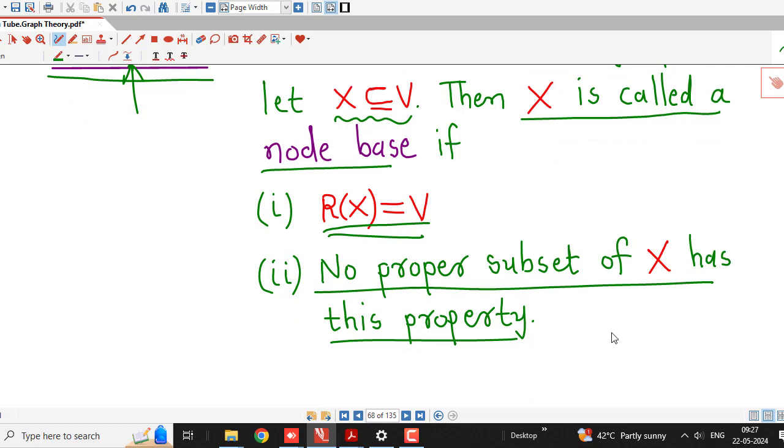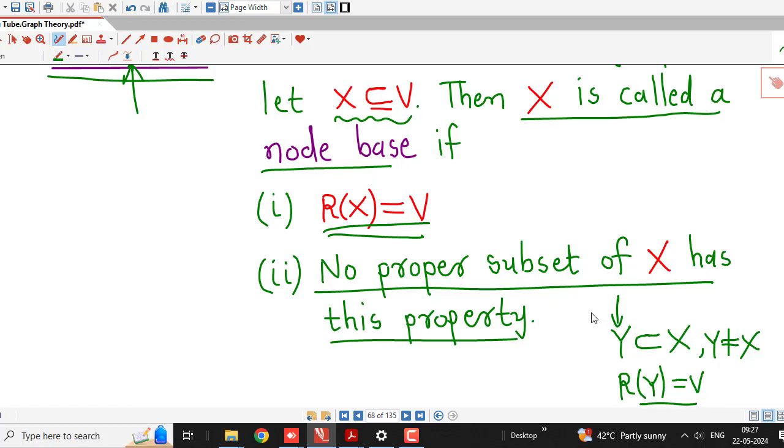That is, there does not exist any Y which is a subset of X, different from X, and R of Y equal to V. There does not exist any proper subset of X such that reachable set of that proper subset is equal to V.